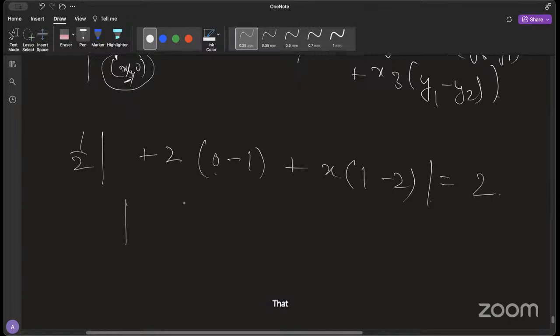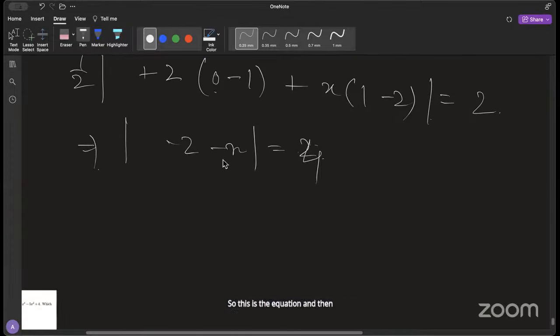That means the modulus of -2 plus x minus 2, right? Minus 2x. Just one second. This is simply minus x, right? So it is modulus of -2 minus x, and this should be 2, so 4. So this is the equation.